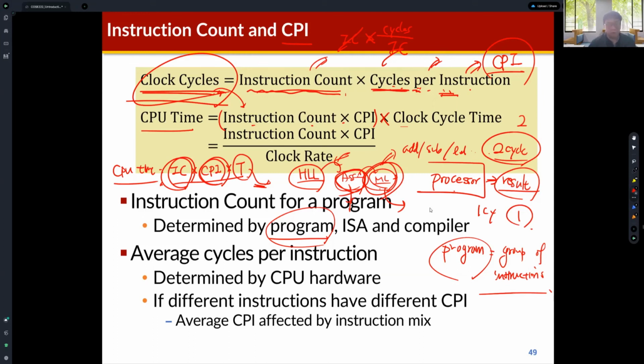assembly code. Okay, so the high-level language code is translated to the assembly code based on the instruction set architecture. So it's like this.